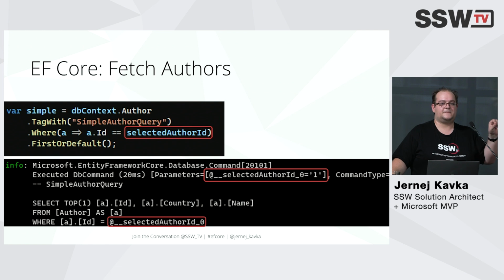Usually in EF Core, the parameters are done with @ and then __, and it tries to preserve the original name. If the name does not exist, it does @p0, @p1, and increments the parameters.